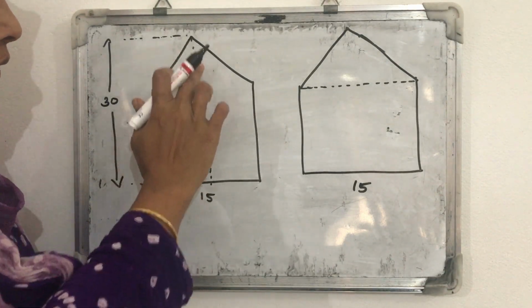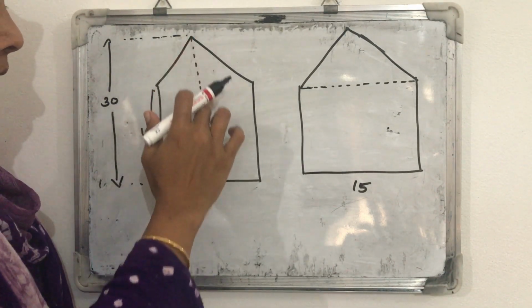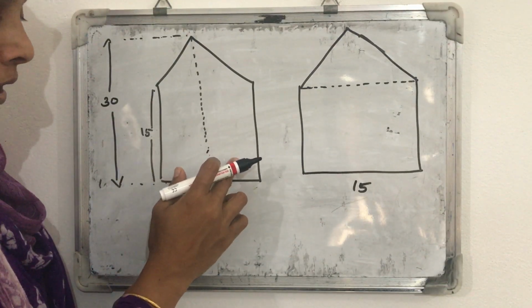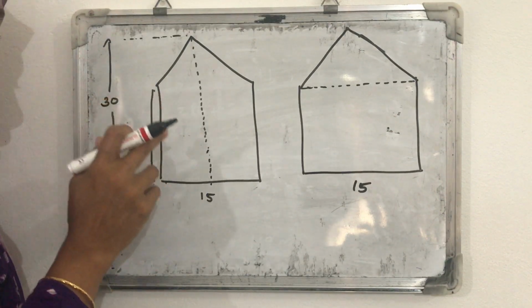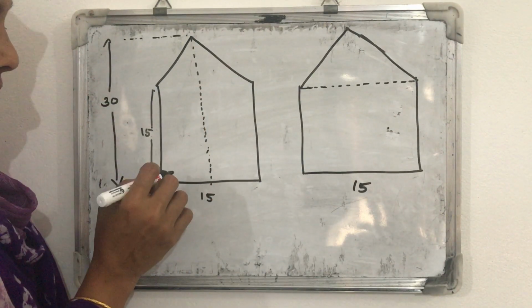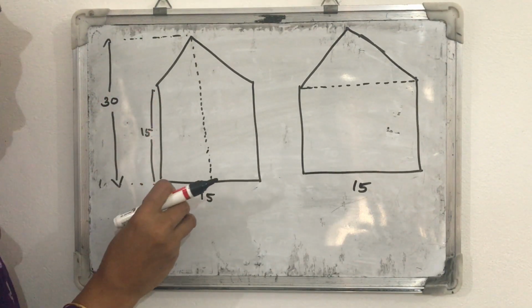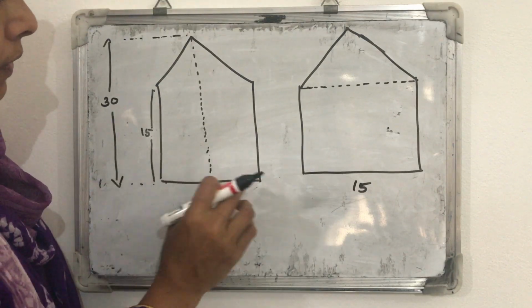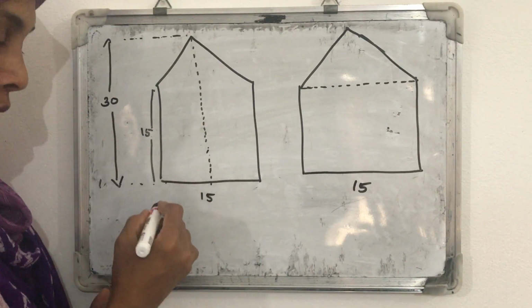So first, if you divide this in this way, that is, when we draw a line like this, we will get two trapeziums. First we find the area of one trapezium, and the same area will be for the second trapezium also. For a trapezium we know the equation; I will give only the clue, and you do the rest of the work. For a trapezium, what is the equation?